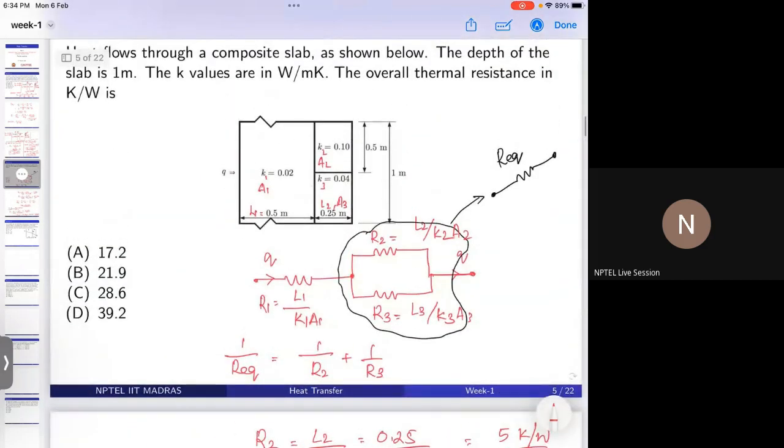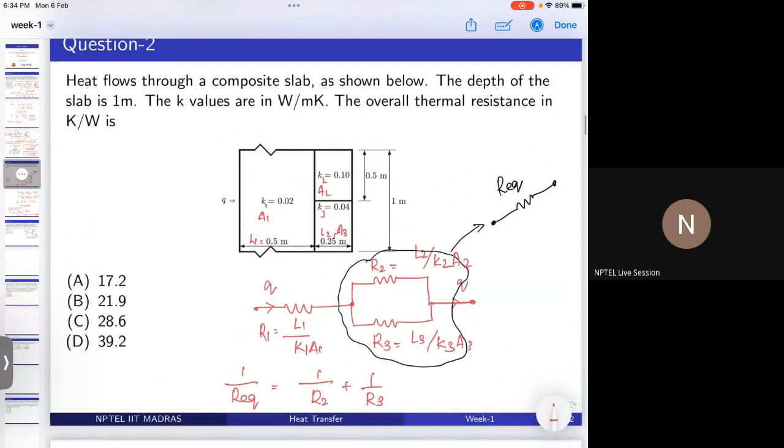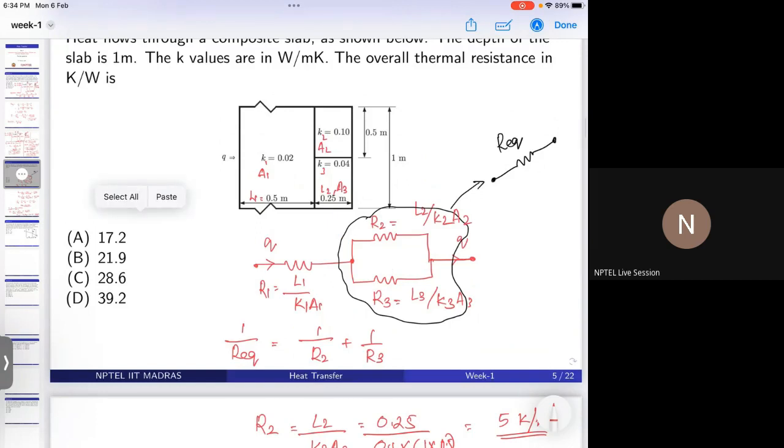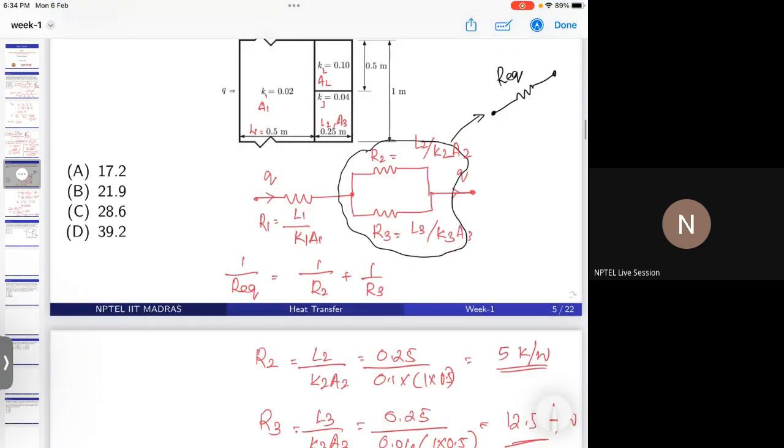I hope this was clear, because the first one is series, then it's a parallel network. It's a series combination of series and parallel. If there is a combination of series and parallel networks, first we have to reduce the parallel network into a single resistance. R2 and R3 were in parallel, so I reduced them into R equivalent.